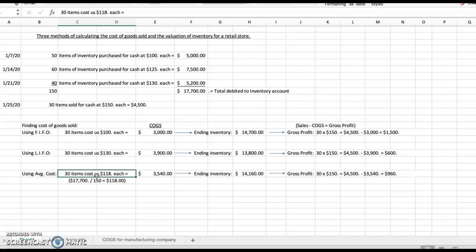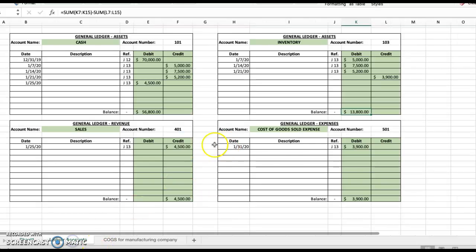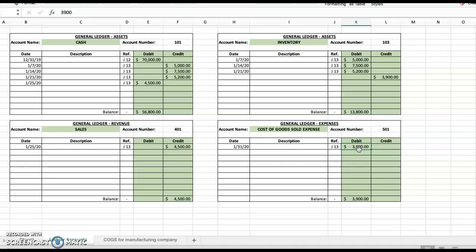So if this sale was for 30 items, if we multiply 30 times the average cost to us of $118, those items cost us $3,540. And again, if we put those amounts in, you see an inventory of $14,160.